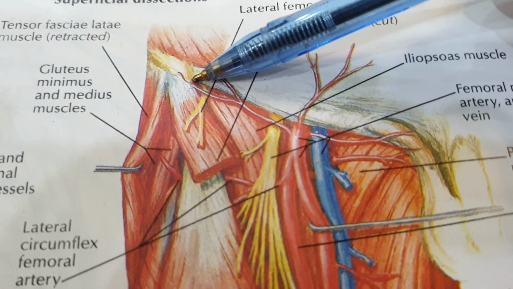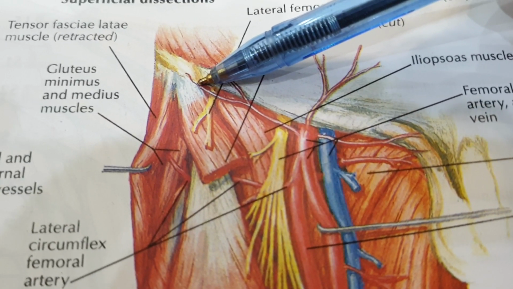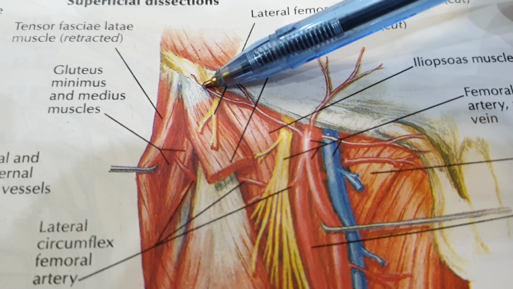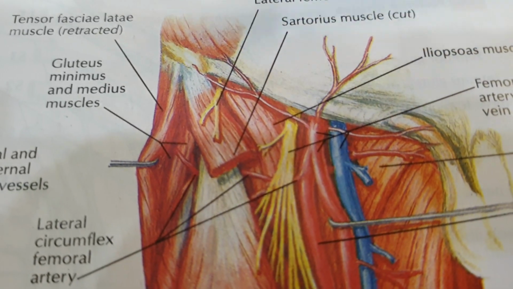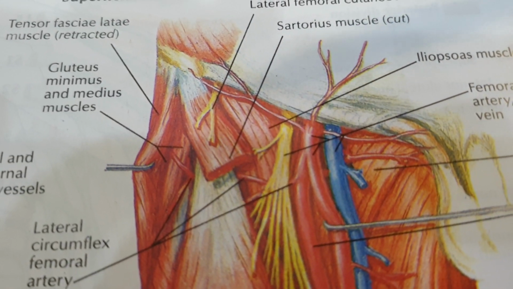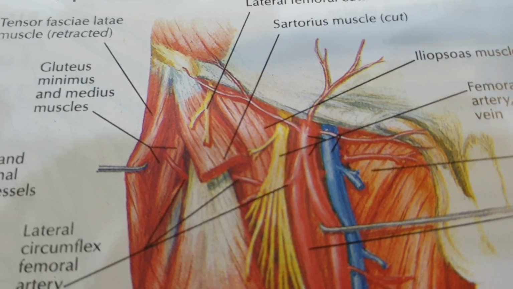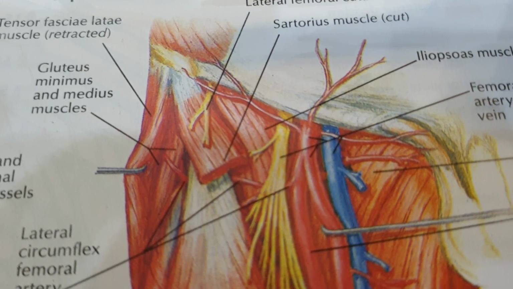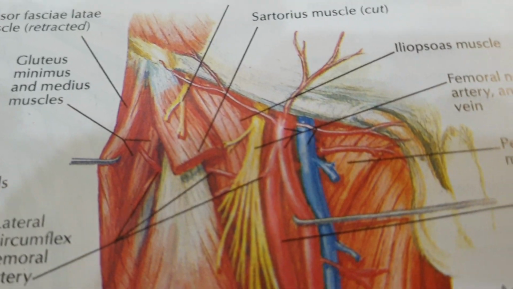As soon as it reaches the anterior superior iliac spine, it anastomoses with three other arteries: the branches of the superior gluteal, which itself is a branch of the internal iliac; the lateral circumflex femoral artery, which is a branch of the profunda femoris, which is a branch of the femoral artery; and the branches of the deep circumflex iliac artery, which is a branch of the external iliac artery.